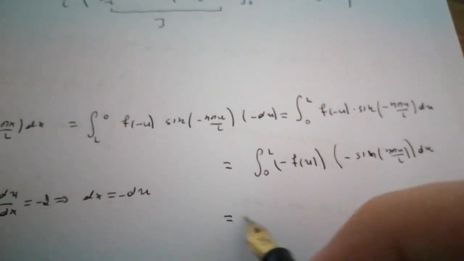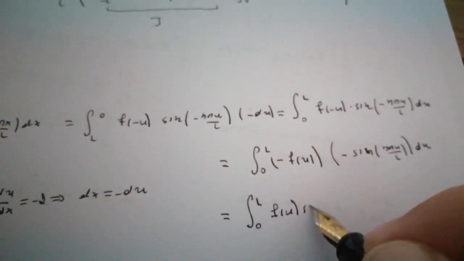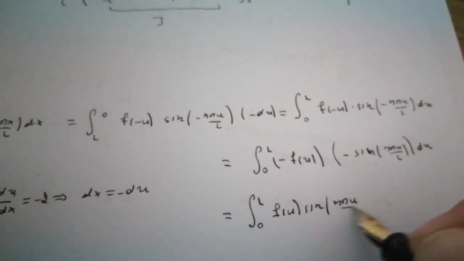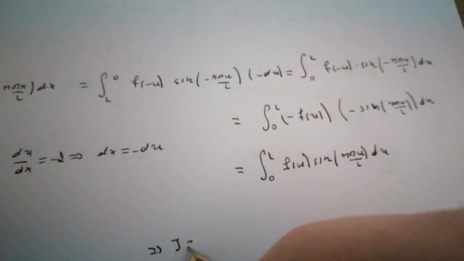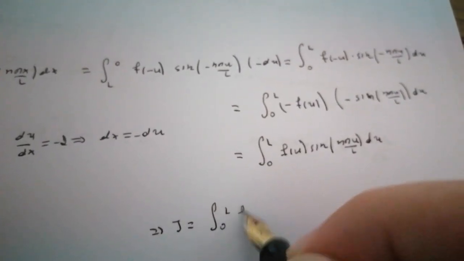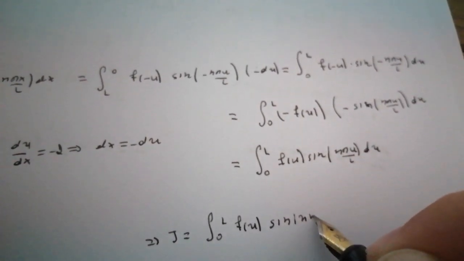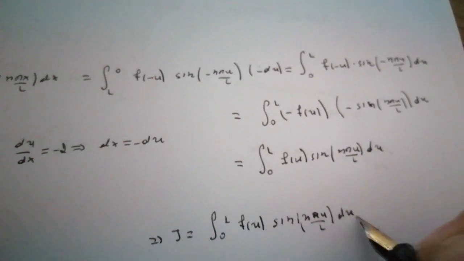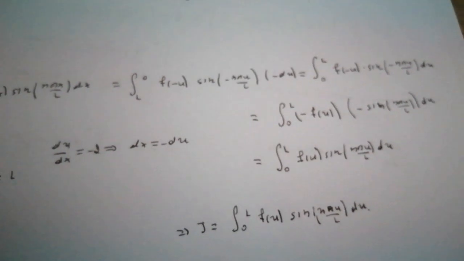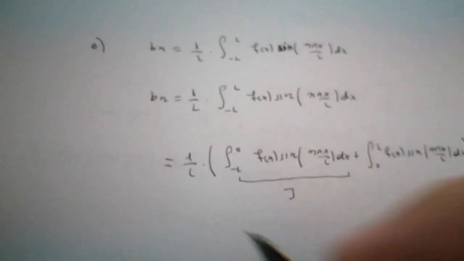And finally we obtain the integral from 0 to L. This is the J quantity, and we plug this back in here.